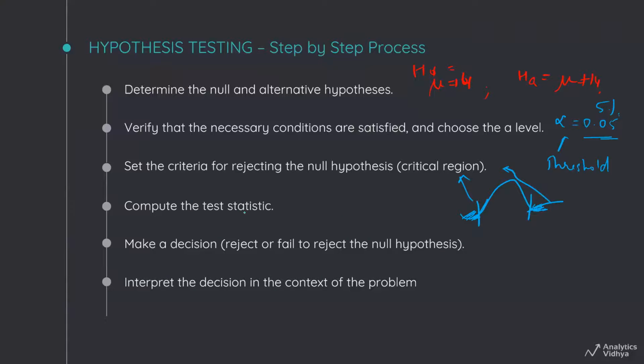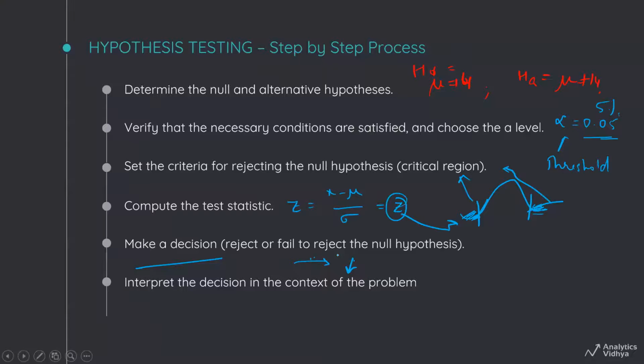After that, you compute your test statistic, like your z-score, which is x minus mu by sigma, as an example. Once you get this z value, you see if it is falling below the critical region or above the critical region. If yes, then you make a decision whether to reject or accept your null hypothesis. Till this point it's just numbers, right? Now I interpret this decision in the context of the problem.